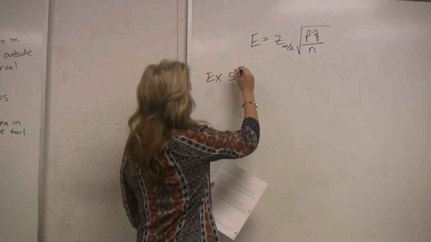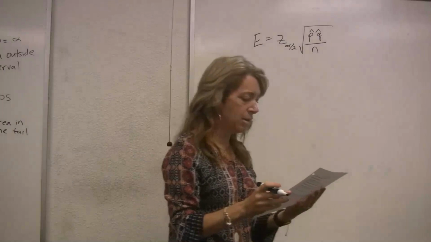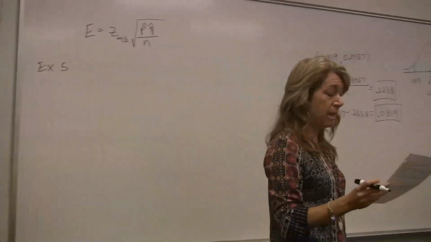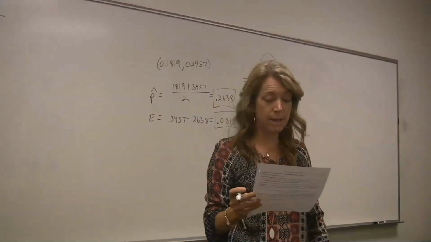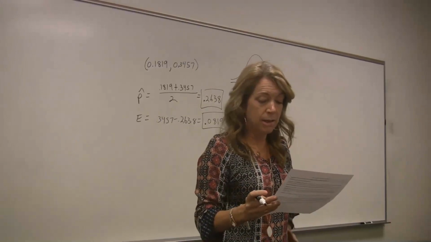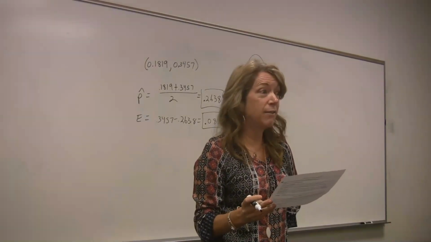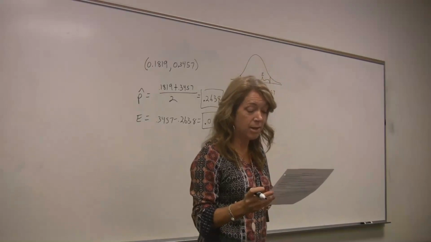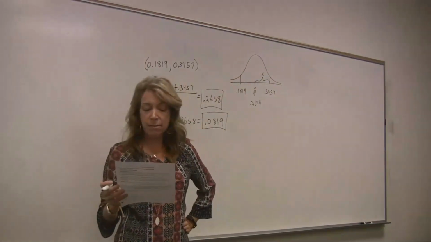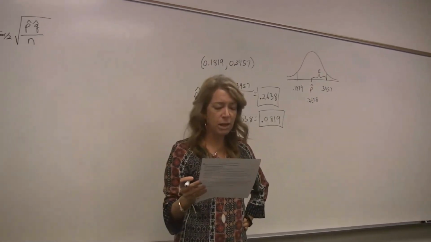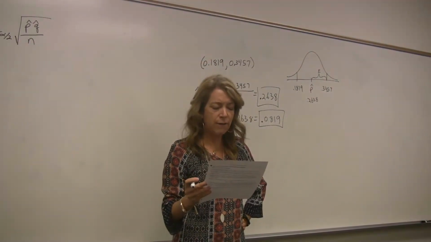So example 5. Let's talk about what they gave us here. We're back with Mendel and his peas. He won't go away this semester. He keeps coming back and messing with those peas. So he's doing his famous genetic experiment with his peas. He had one sample of offspring that had 428 green and 152 yellow.